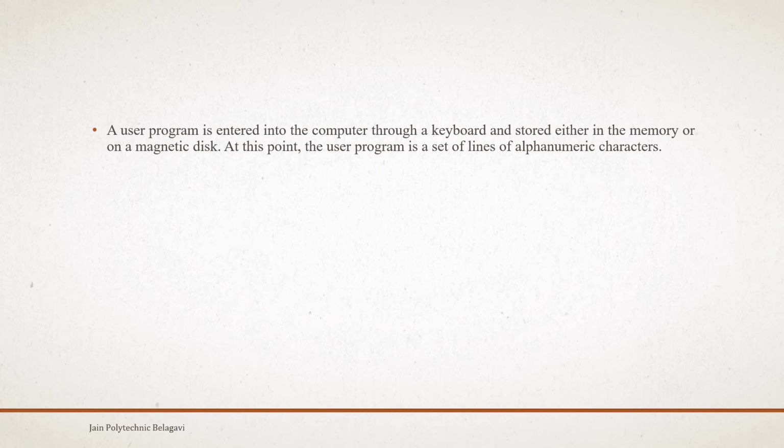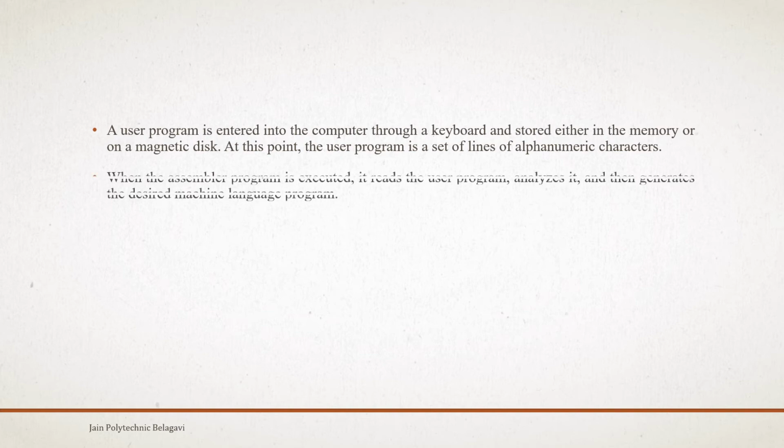Now, whenever a user program is entered into the computer through a keyboard, whatever program he has written will be stored on magnetic disk. A user program is nothing but a set of alphanumeric characters. When the assembler program is executed, it reads the user program, analyzes it and then generates the desired machine language program.